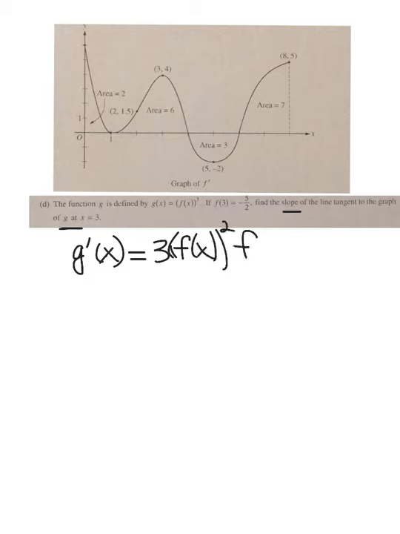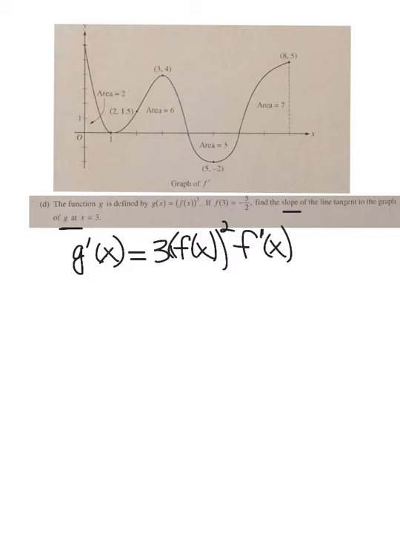All right, last part. So they want you to find the slope of the line tangent to the graph of G. Slope, G, I would think derivative, right? So I'm going to take the derivative of the G equation that they gave you, which is going to be 3 times f of x, that quantity squared, times f prime of x.